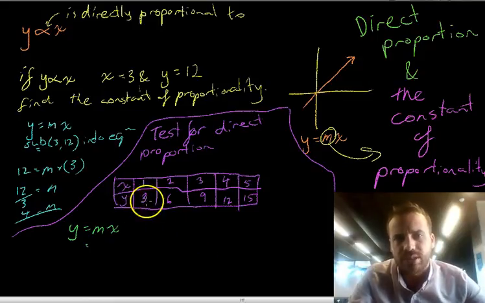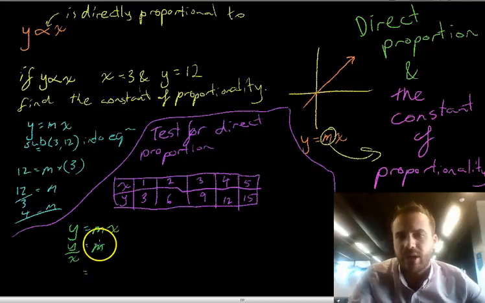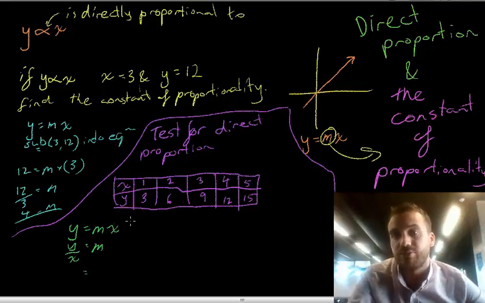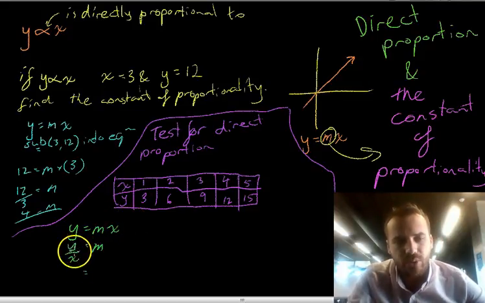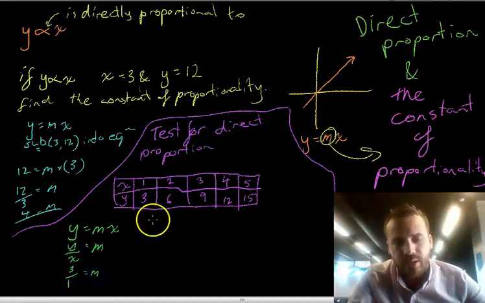So all we need to do is sub in each of these points. Now I'll sub 1 in here. First I'll rearrange it so I can find out what the constant of proportionality is. As long as the constant of proportionality remains constant, then I know it's a direct proportion. Okay, so y on x, that's 3 on 1. Test this other one here.